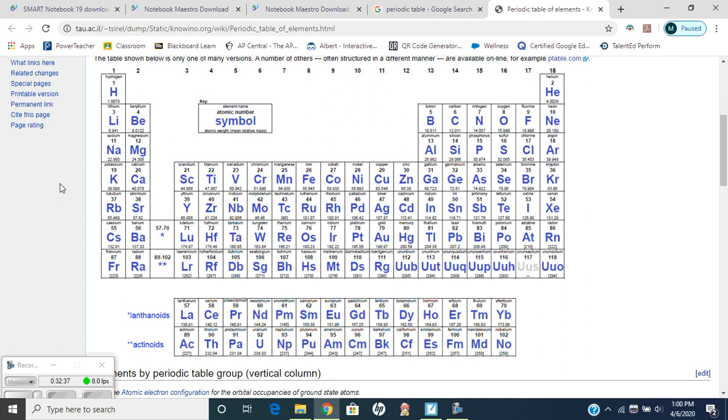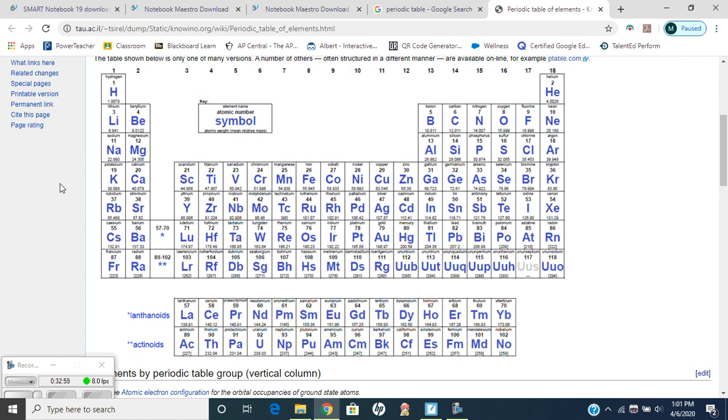I'm going to add those together, 39.1 plus 35.45, and we get a total for K plus Cl of 74.55 grams. So I'm going to go up here and put that in to get my moles.